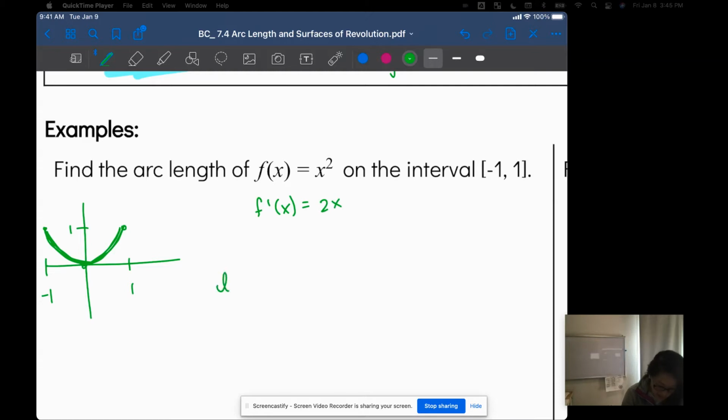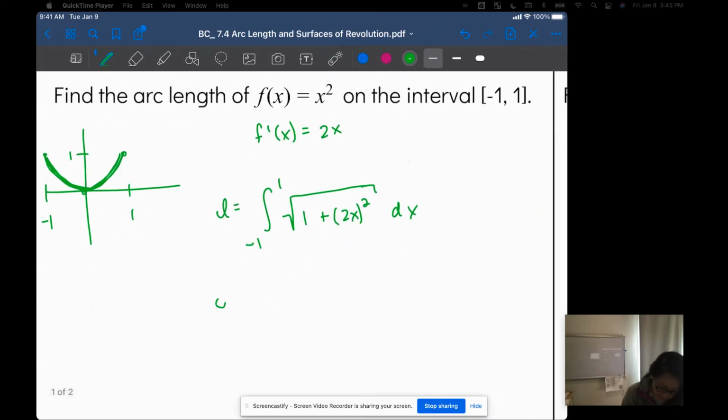Now I can find the length, which is the integral from x equal to -1 to 1 of the square root of 1 plus the change in y over the change in x, which is just the derivative, so 2x squared, dx.